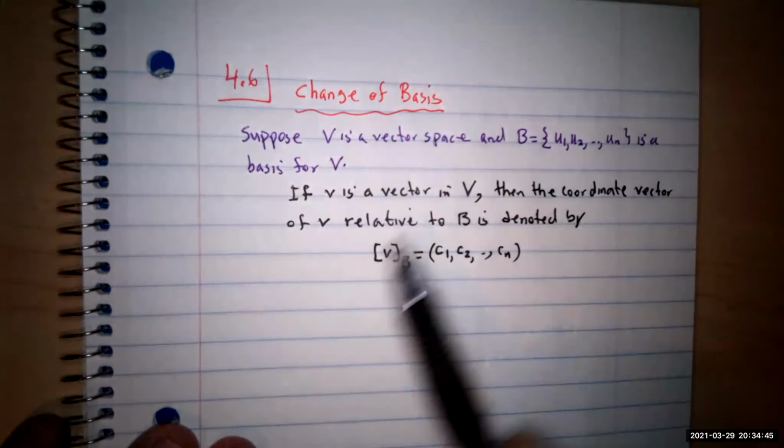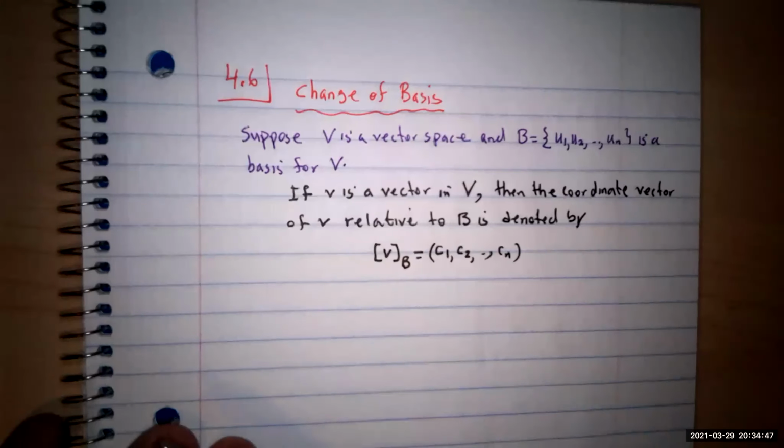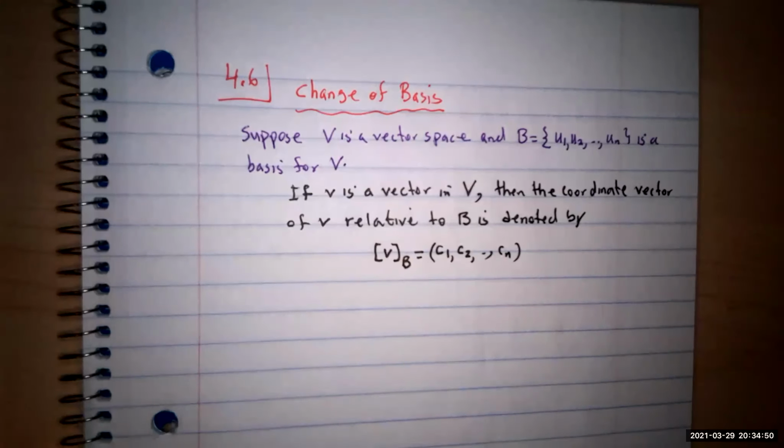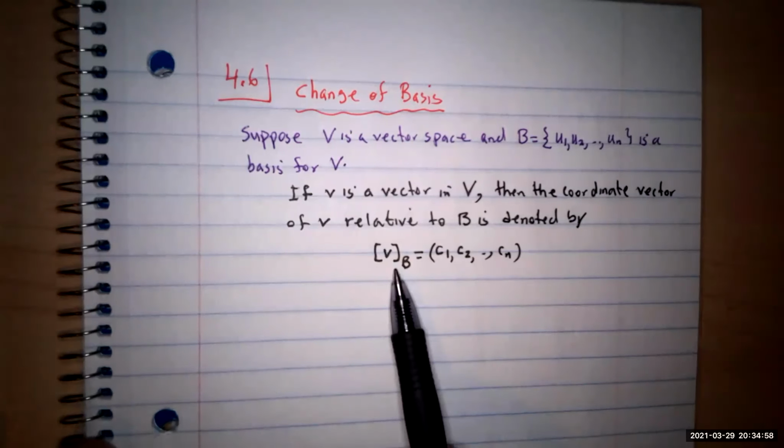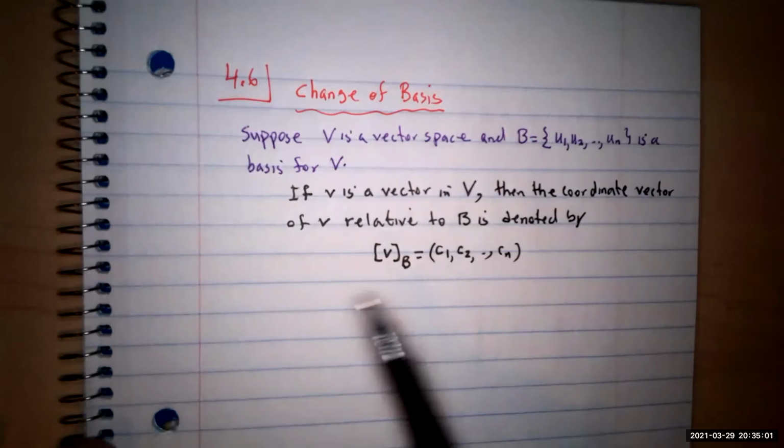So is there any relationship between the old one and the new one that enables you to find it quickly? Okay, so that's the idea of this section. What you did over here is a kind of function, a transformation, we call it.